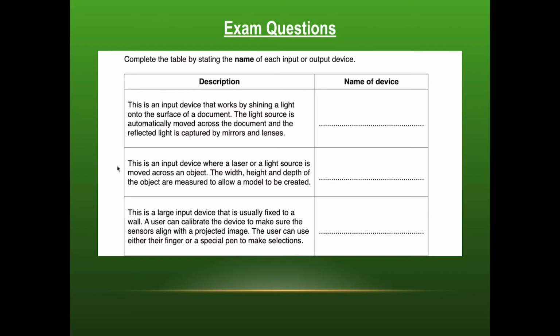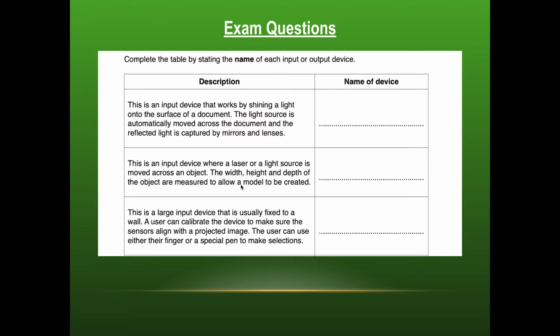And this one mentions the height, depth, and width of an object that is measured to create a new model. Whereas the other one is talking about the reflected light being captured by mirrors and lenses across a document. So when we look at those two, we want to think about the 2D and the 3D scanner.